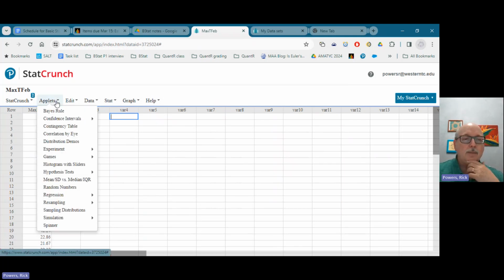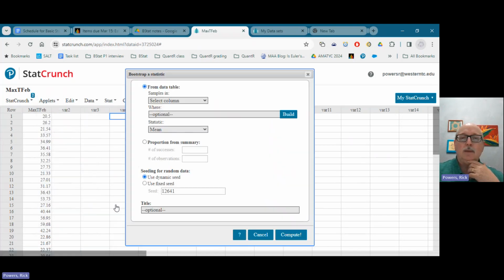If we go to Applets, resampling, bootstrap a statistic. So we're going to choose our data, the max temperature for these days in February, and we're going to be bootstrapping the mean. Now down here it says seeding for random data. Seeding is a computer science term, which is how computers generate what look like random results.